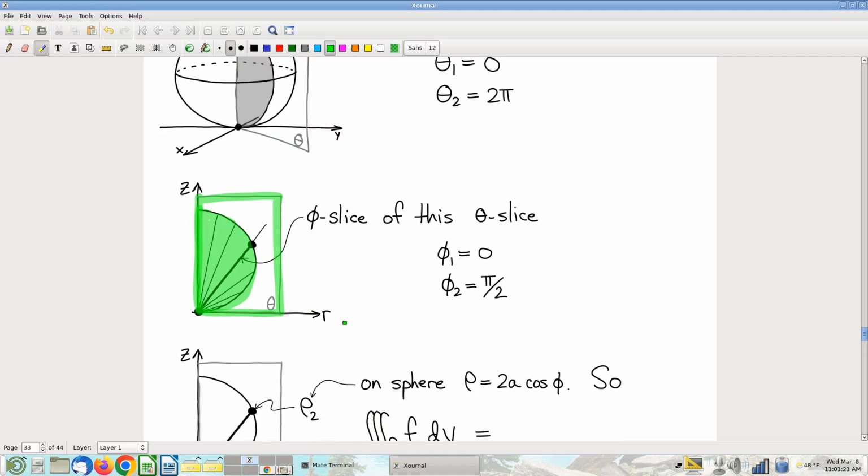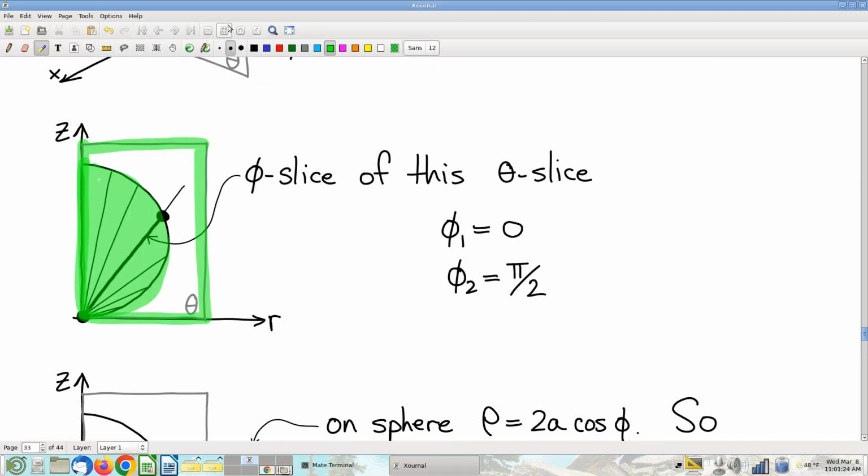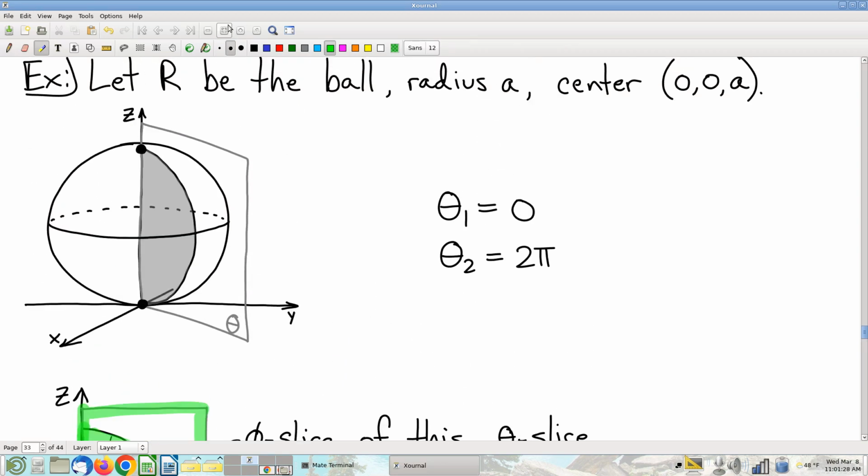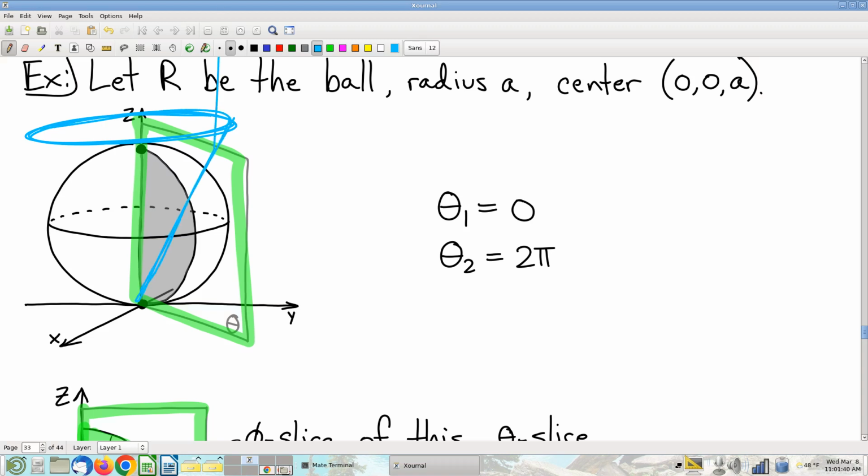Okay, so now let's talk through the phi slices. Here's our theta slice. A phi slice, we talked about before, is a cone.